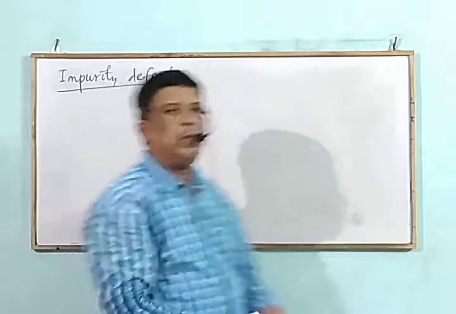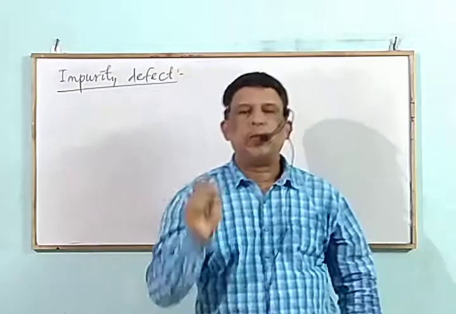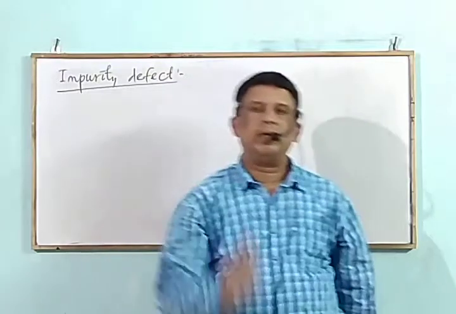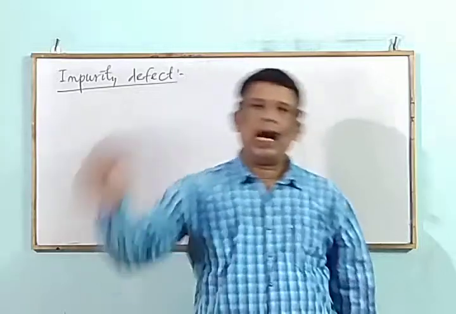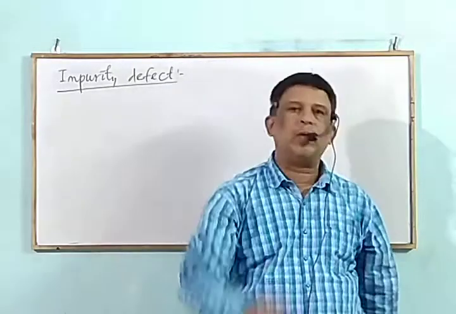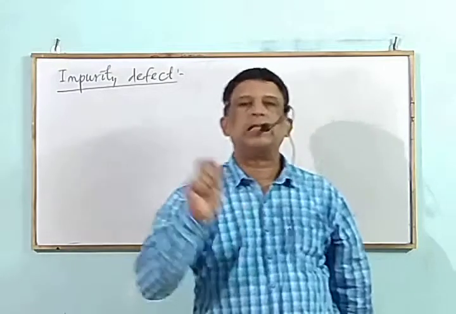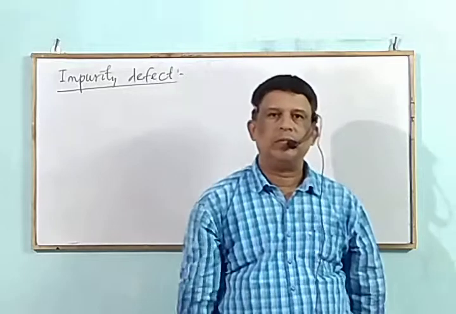What do you mean by impurity defect? This type of defect arises due to the presence of impurity. In case of ionic crystal, when impurity is added, a foreign substance from outside which behaves as an impurity is added in the host atom.